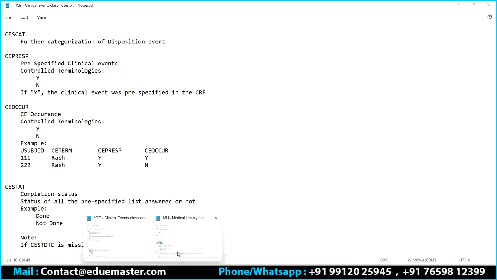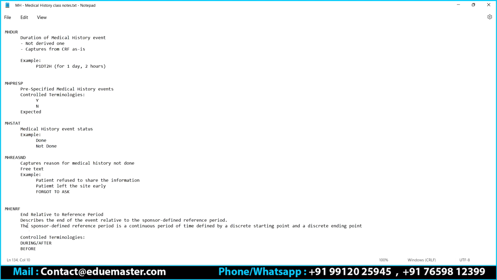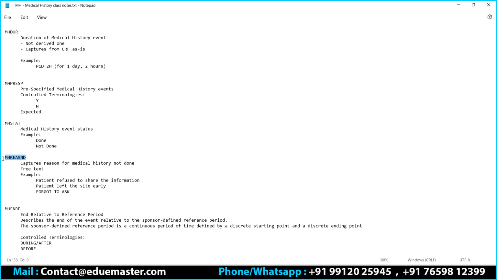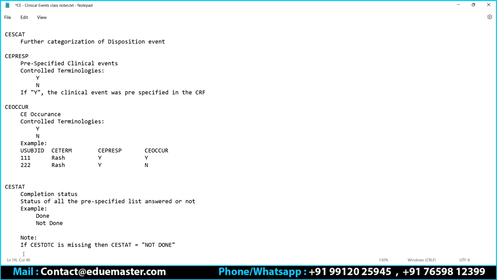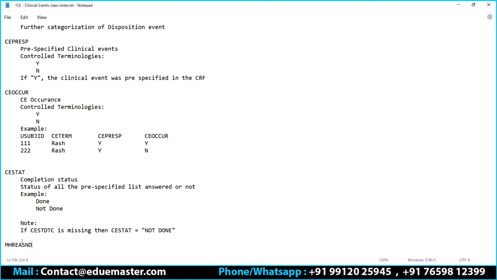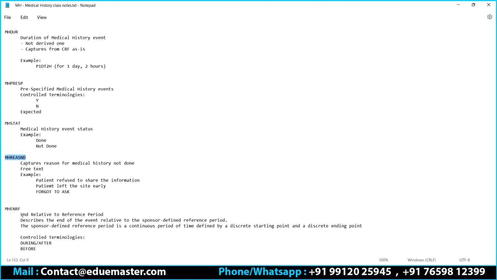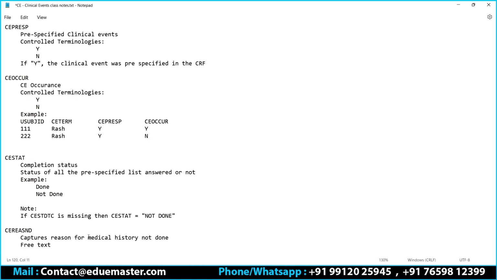Okay, but here you also need to understand one thing. Whenever it is not captured, you can see MH reason not done, right? Why it is not done? The same thing you need to mention here as well. Wherever your CE stat is not done, you need to enter the reason for it. Why it is not done. It captures a reason for clinical event not done.